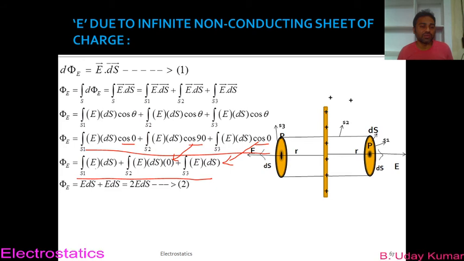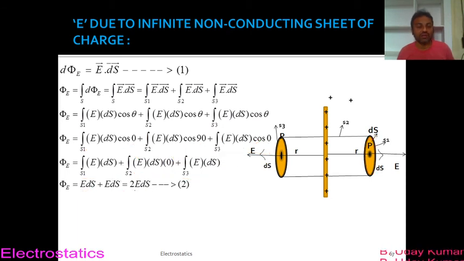Since E is constant, you take it out, and the integral of ds is the entire area, so the total surface area at S1 gives E ds. Similarly, since cos 90 is 0, this entire term becomes 0, it will vanish. This value you get as E ds again. If you add these two you get twice E ds.